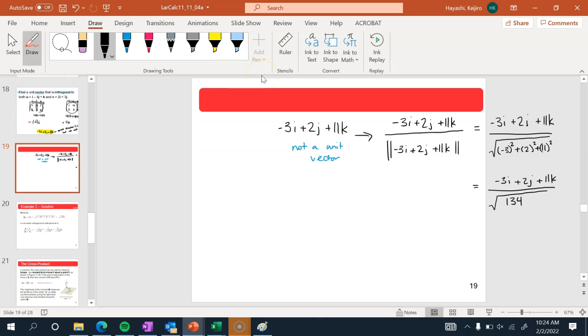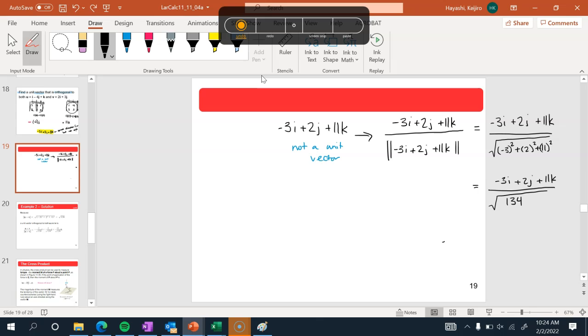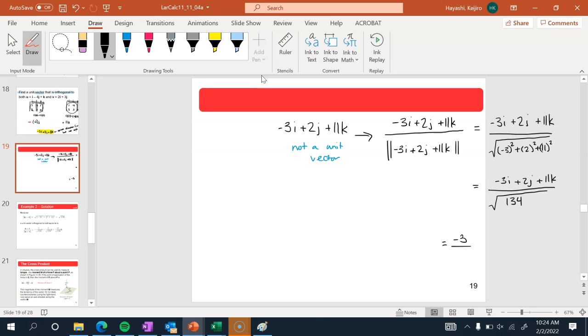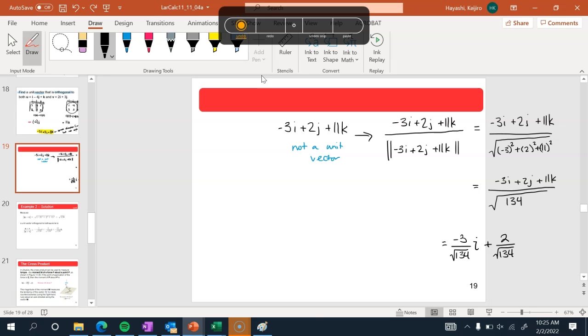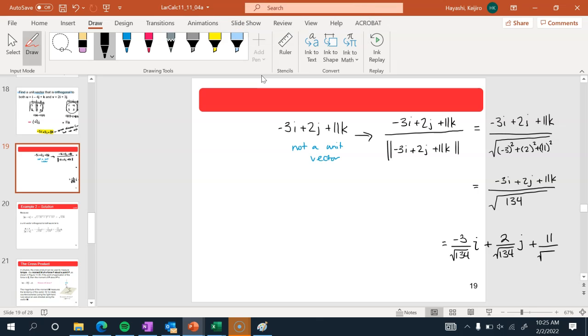So if you want to write it as separate components, the coefficient of i will be negative 3 over the square root of 134, plus 2 over the square root of 134 j, plus 11 over the square root of 134 k.